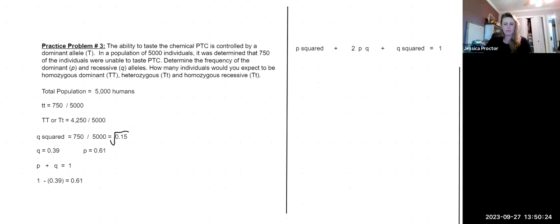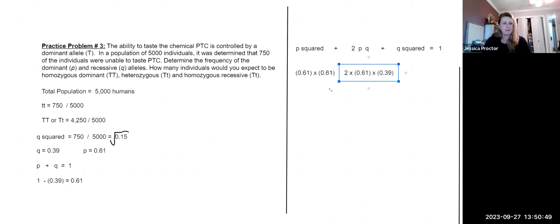All right, so P squared just simply means the value of P multiplied by the value of P. So 0.61 multiplied by 0.61. All right, middle part of our equation. So we're carrying down the 2, and we're multiplying it by the value of P, which is 0.61. And then we're multiplying by the value of Q, which is 0.39. So that's our middle part of the equation there.